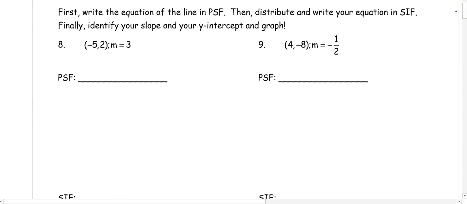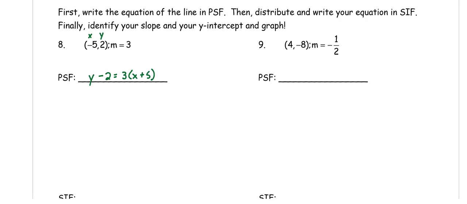Now we're going to write our equation in point-slope form and then move to slope-intercept so that we can graph it. In number 8, we have the point with -5 as my x-coordinate and 2 as my y-coordinate. We're going to substitute those into the equation. So we now have y minus 2 equals 3 times x plus 5.